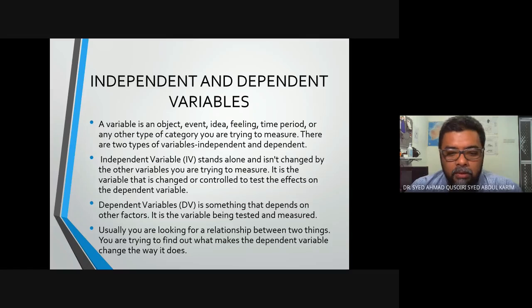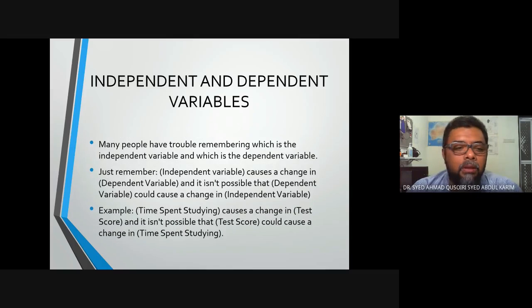You are trying to find what makes the dependent variable change the way it does. Many people have trouble remembering which is the independent and which is the dependent variable, so they get these two the wrong way.